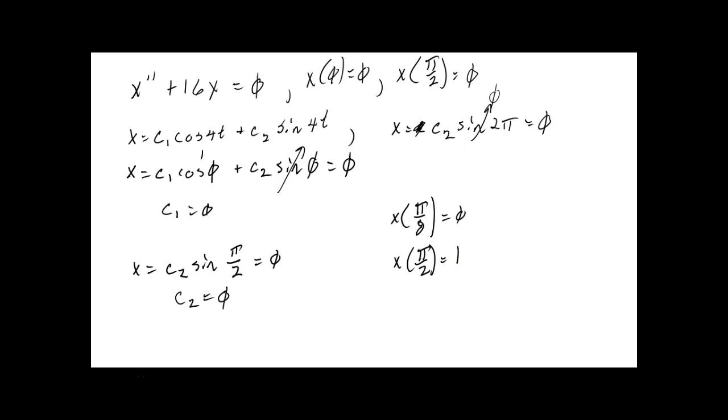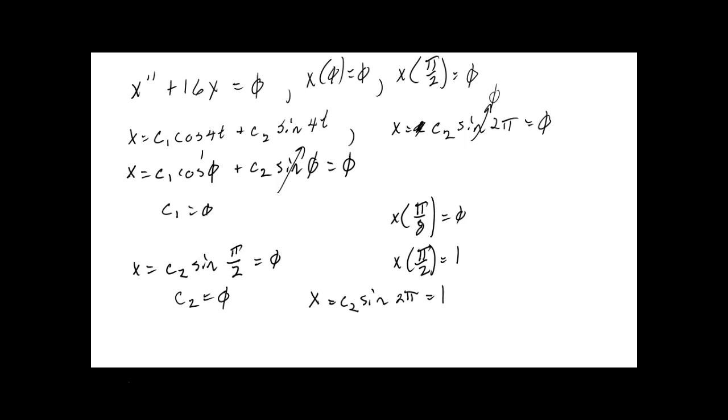Okay. If we do that, of course, that first condition still makes C1 equal 0. But now when we plug into the remaining equation, x equal C2 times the sine of 4t, with t equal pi halves, 4 times pi halves is 2 pi, and you have that equal to 1.